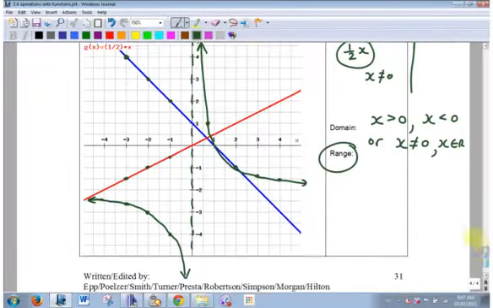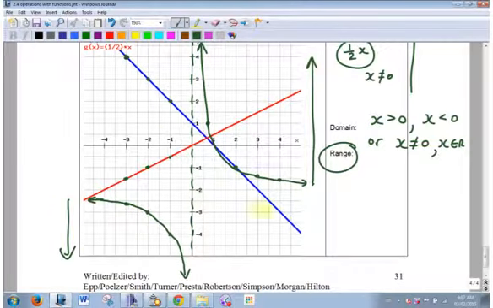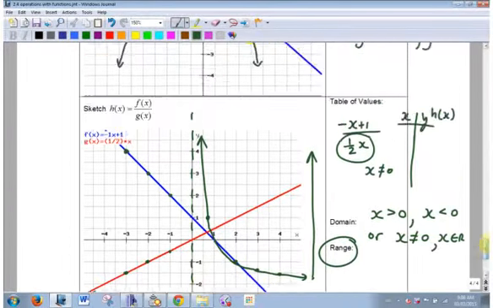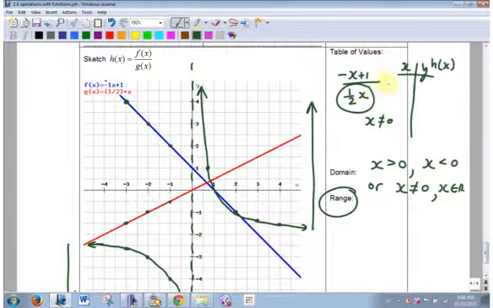Okay, what's my range? What do you think's going on here? It's all the y's from wherever this ends up down. So it's all the reals, but what's going on here? Not -2? If I put -2 in here, what would happen? Let's see what's going on here.